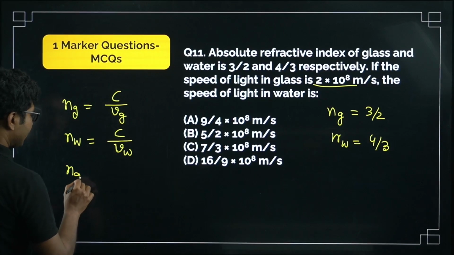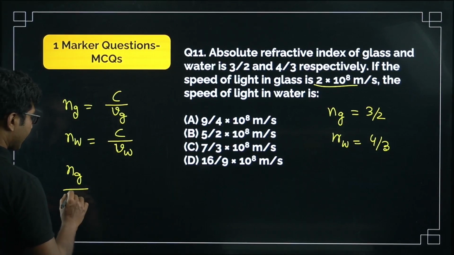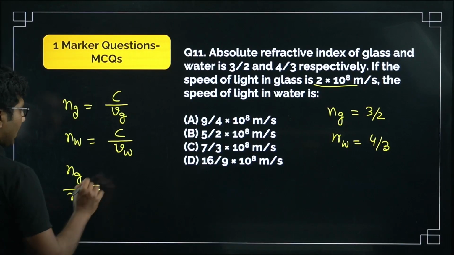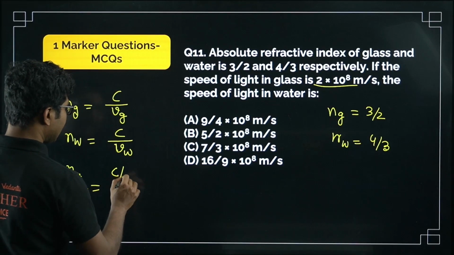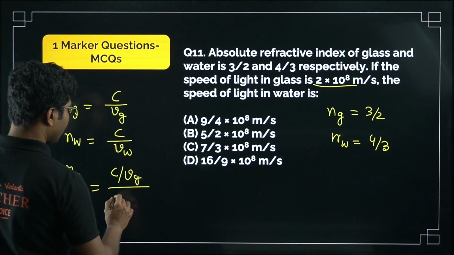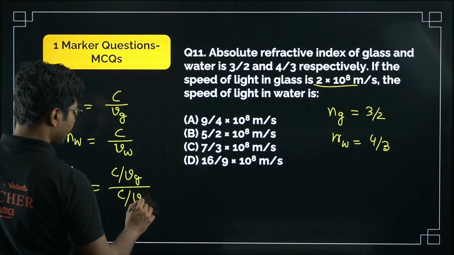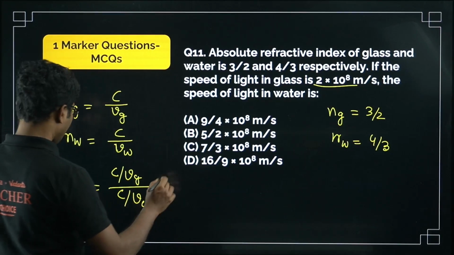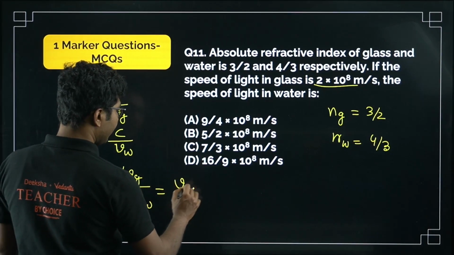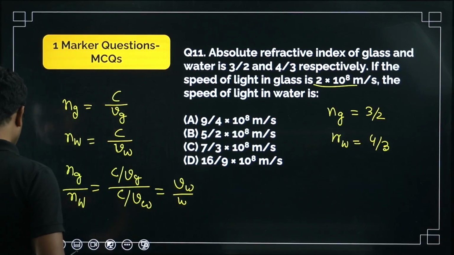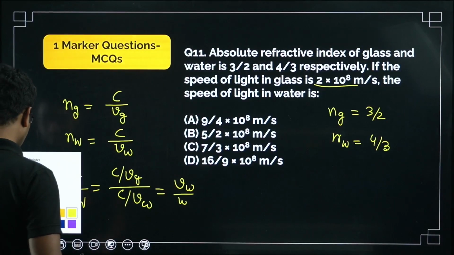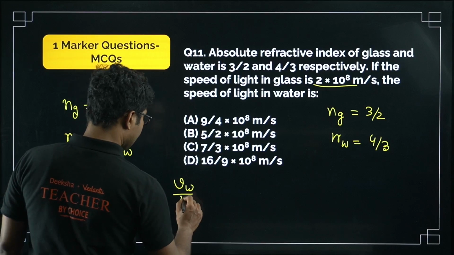Using C will also give a correct answer, but the process for this problem is without C. So it will be V water divided by V glass, right?